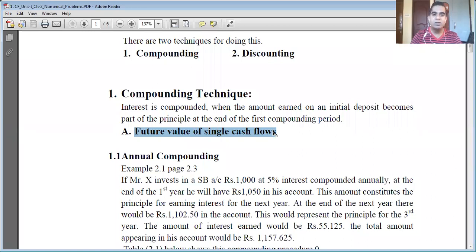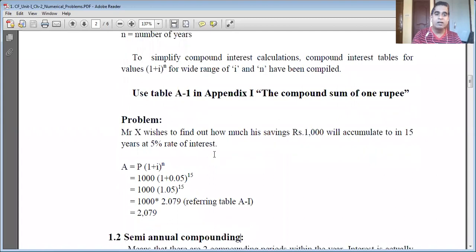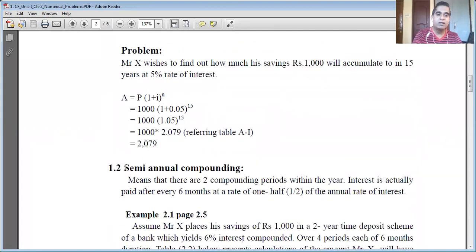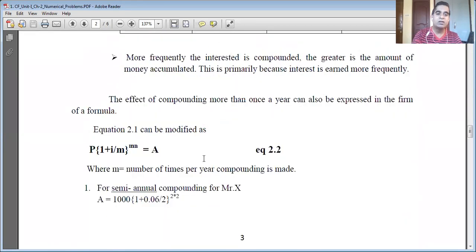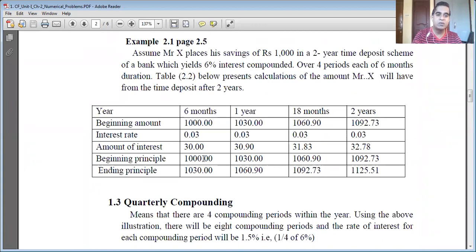We can compute it when annual interest is credited once in a year, we call it annual compounding. And second, when interest is credited twice in a year, we call it semi-annual compounding. And we can find out the future value of a single cash flow when interest is credited 4 times in a year, which is quarterly compounding.